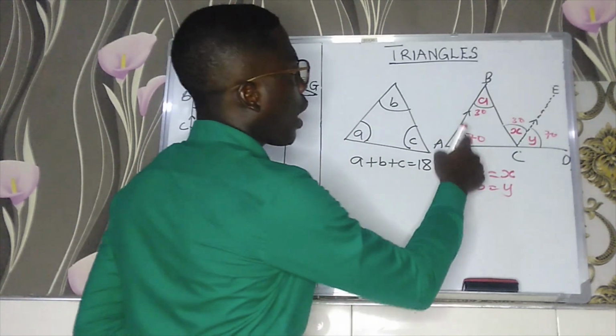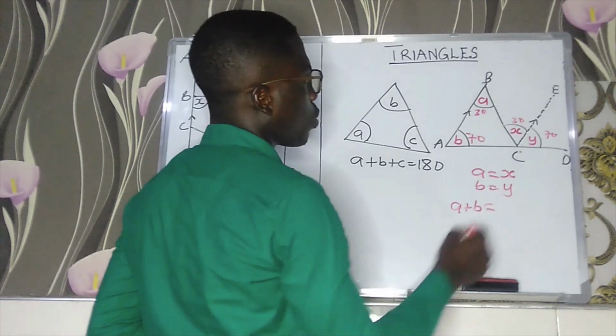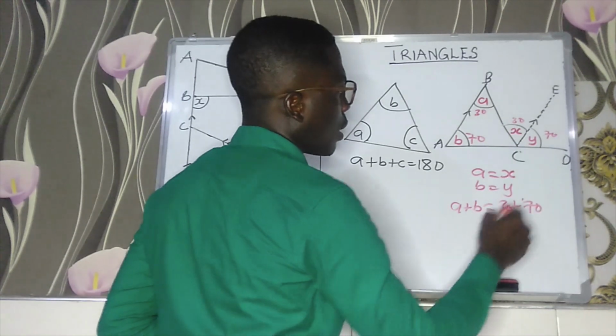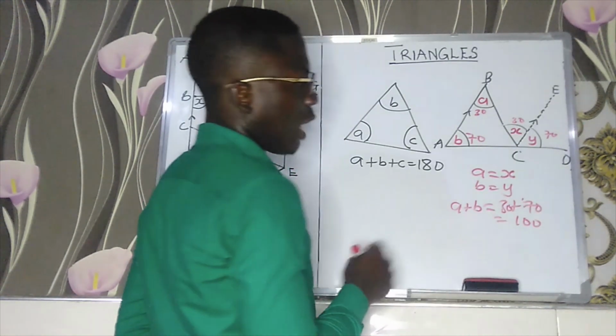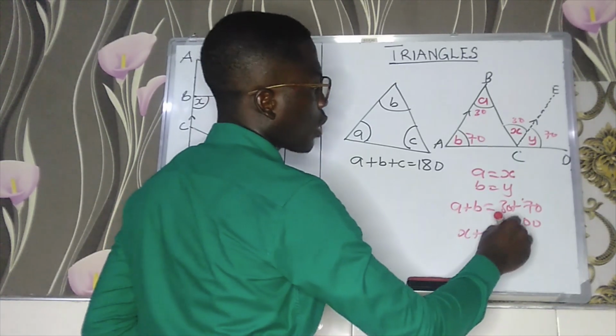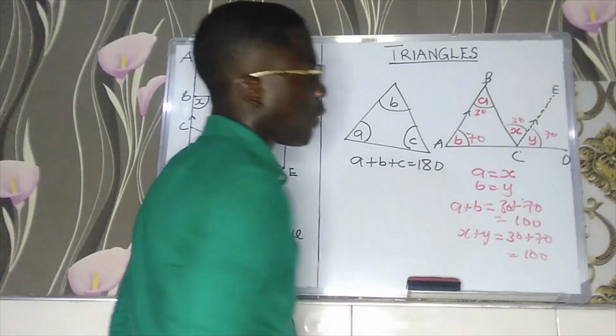Good. So A plus B is equal to 30 plus 70, which is equal to 100. And then X plus Y is also equal to 30 plus 70, which is equal to 100.